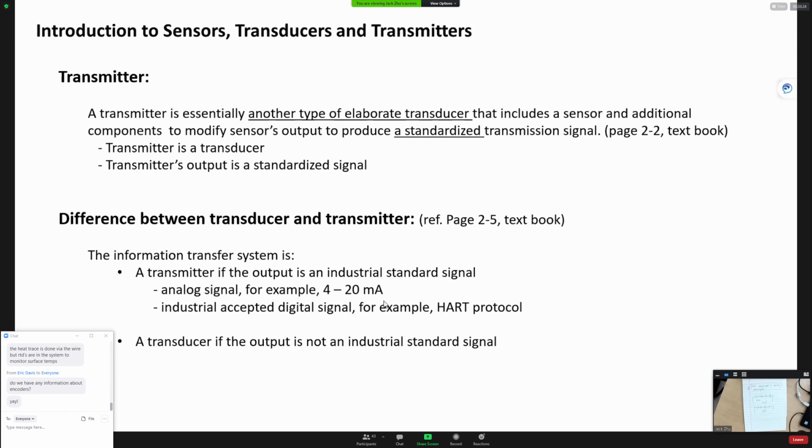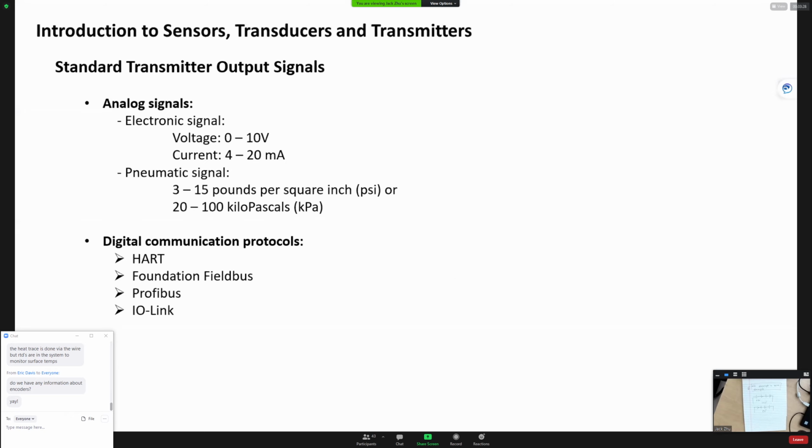Lots of equipment uses 4 to 20 milliamp signal. So for the transmitter's standard output signal, usually if it's analog signal, they will either use 0 to 10 volts or 4 to 20 milliamps. That's usually for the electronic signal or electrical signal.